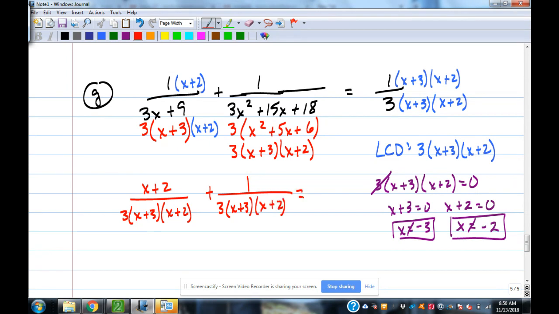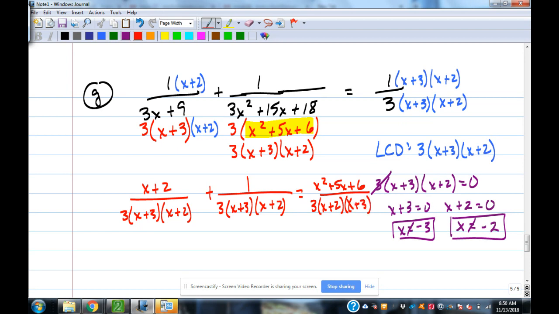The third one, what do we know x plus 3 and x plus 2 multiplies together to get? That right there, doesn't it? Because that's where it came from. So x squared plus 5x plus 6 over 3, x plus 2, x plus 3.